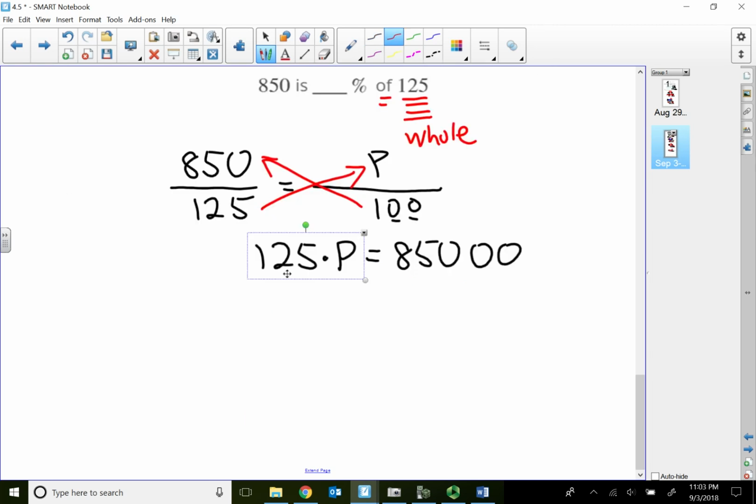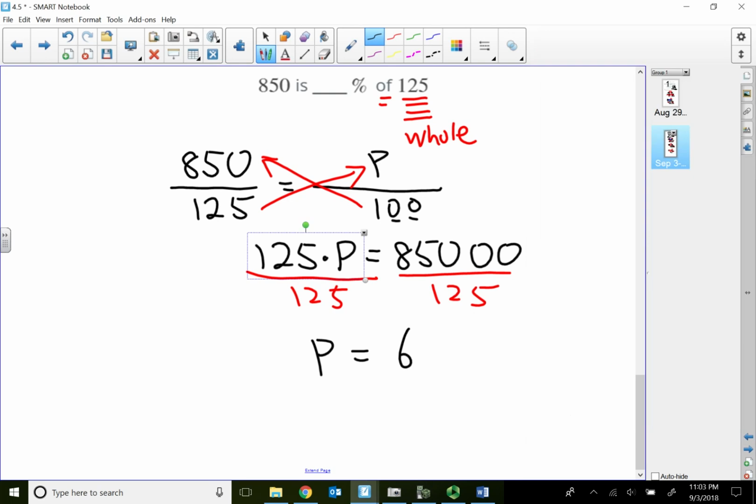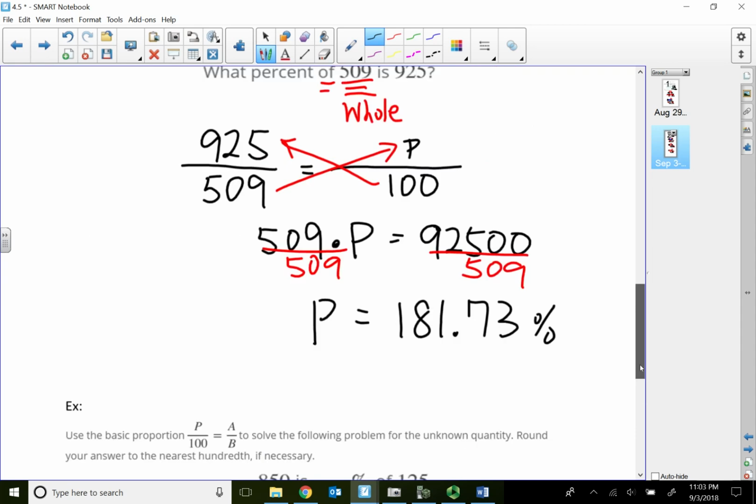To get P by itself, we will divide both sides by 125. 85000 divided by 125. So my percent is going to be 680%. That'll be my answer.